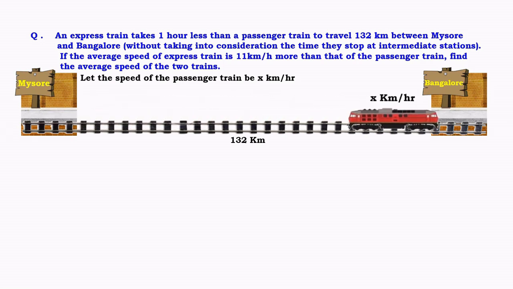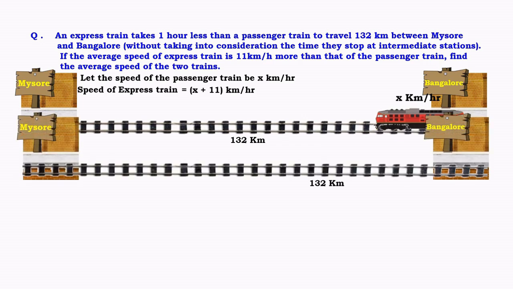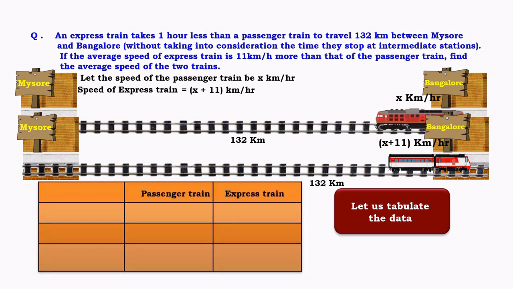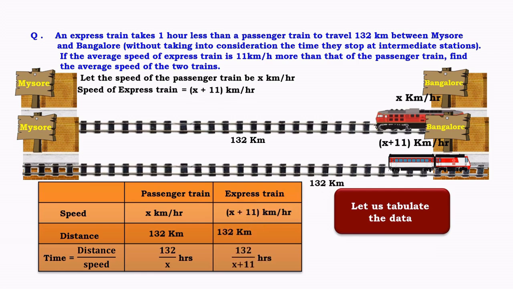Both trains travel the same distance, which is 132 kilometers. Using the formula time equals distance divided by speed, the time taken by the passenger train is 132 divided by x hours, and the time taken by the express train is 132 divided by x plus 11 hours.